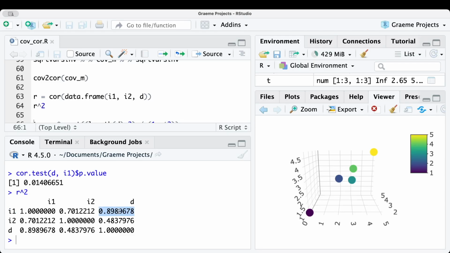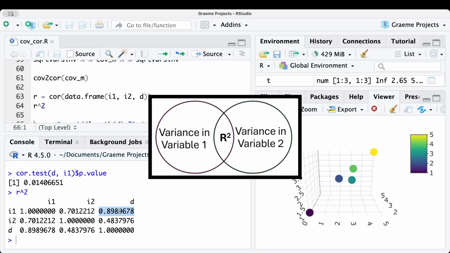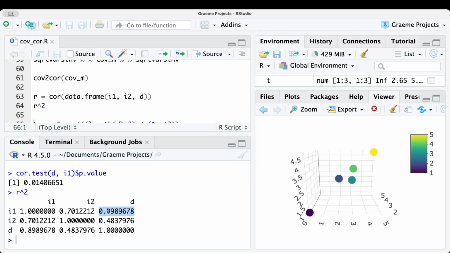The way we can conceptualize this is kind of like a Venn diagram between I1 and D. If this r squared is 0, then the Venn diagram would be two totally separate circles. But here we see that it's 0.89, so 0.89 represents the overlap between these two circles.